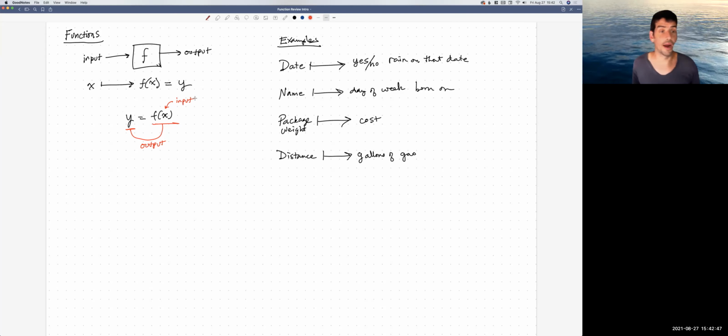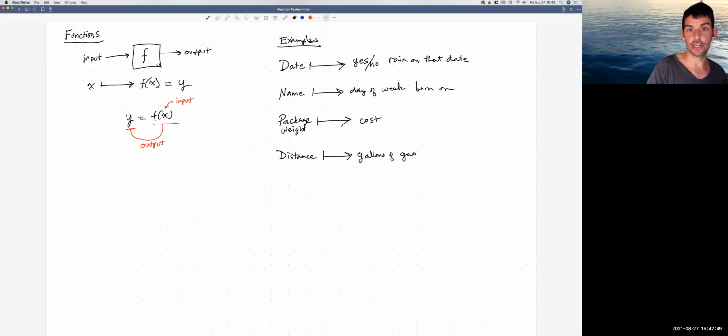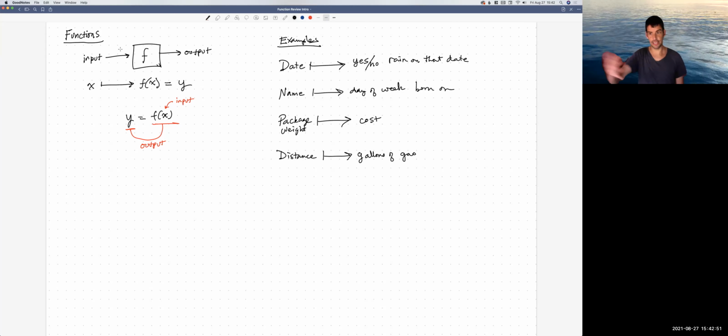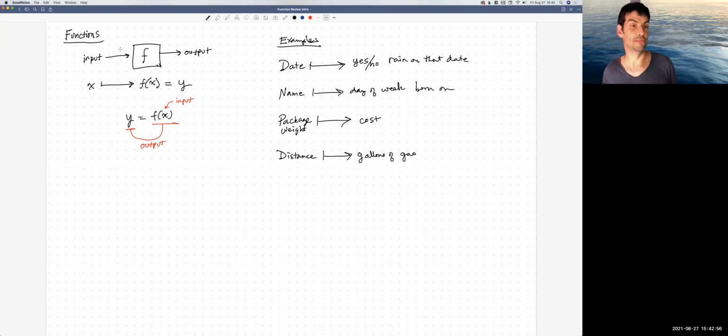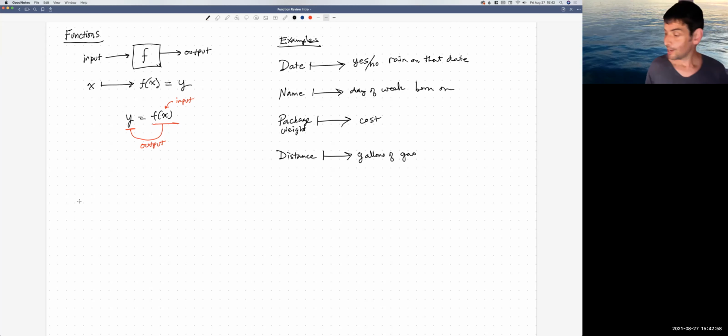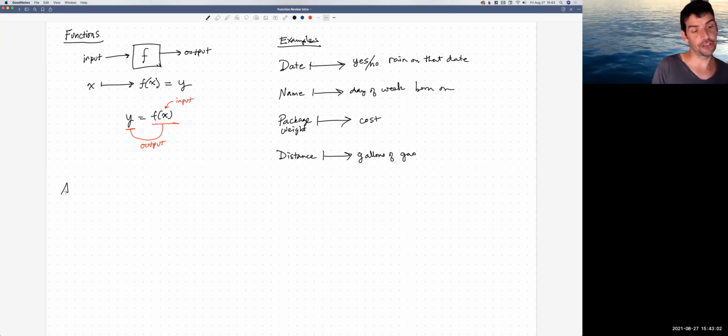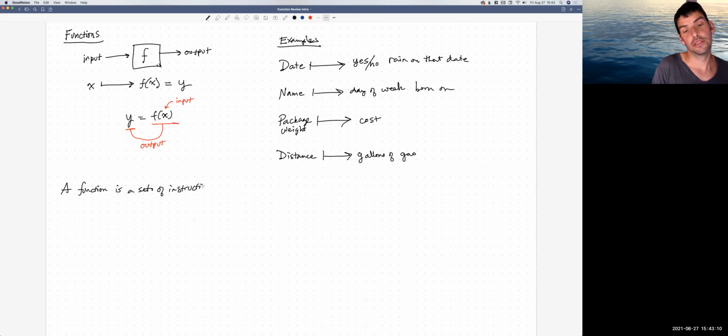So I mentioned earlier that one way we think of a function is we take an input, we put it in, and it's a little machine that does something to it. Another way we can think about this is a function is a set of instructions, right?